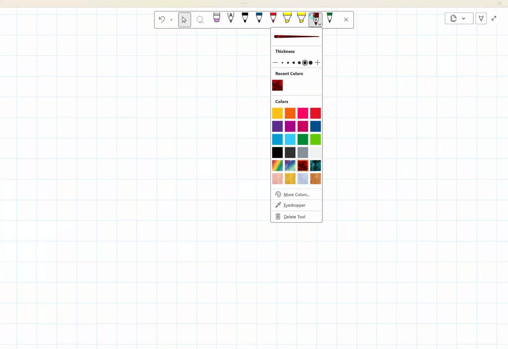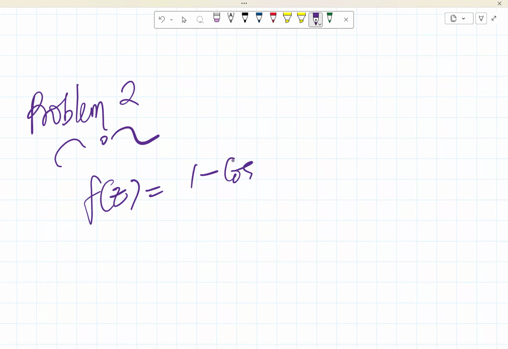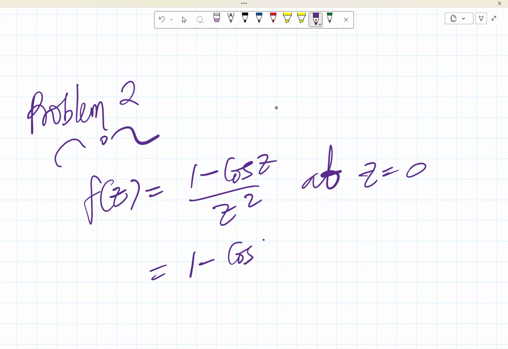Okay, let me switch things up a little bit. Let me go for this one. So we go for problem 2. We have f of z equals (1 minus cos z) all over z squared at z equals 0. Of course, you can rewrite this as (1 minus cos z) all over (z minus 0) all squared.